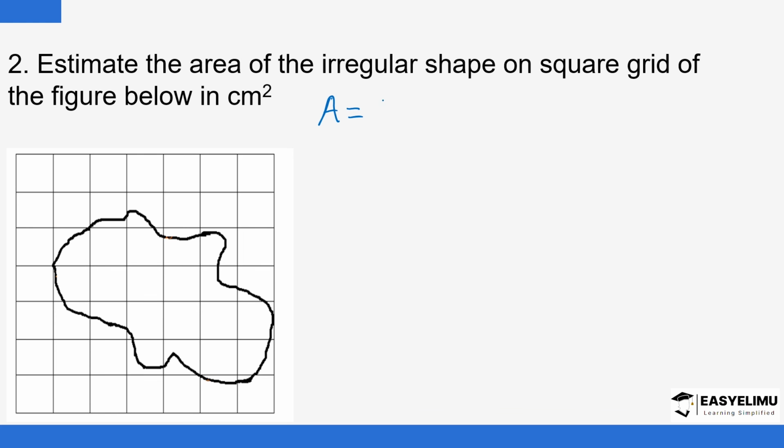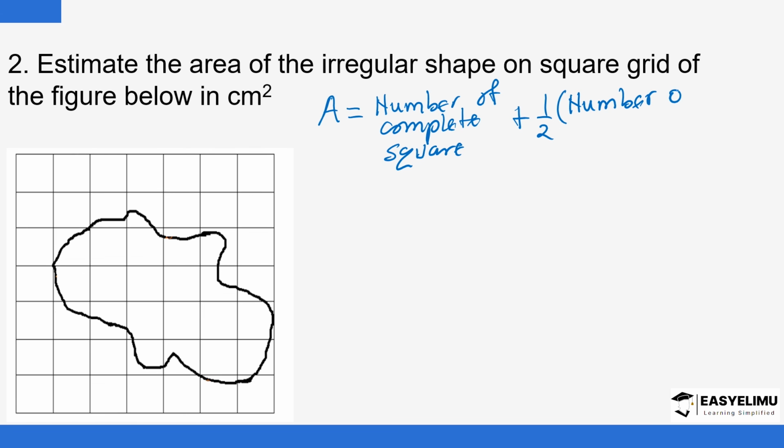Area is equal to number of complete squares plus half the number of incomplete squares. So how many complete squares do we have?